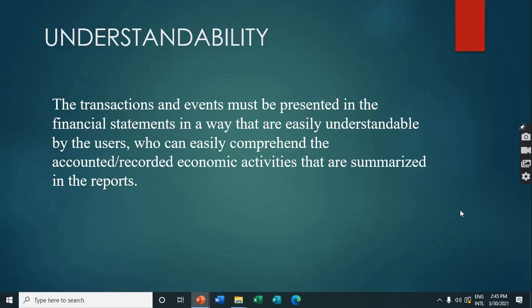So, it is a two-way process. Yung babasa dun sa FS, kailangan syempre may knowledge sa business and the accounting. Kailangan naman yung FS mo nababasa or naiintindihan ng mga readers na FS na yan. So, that is your understandability.